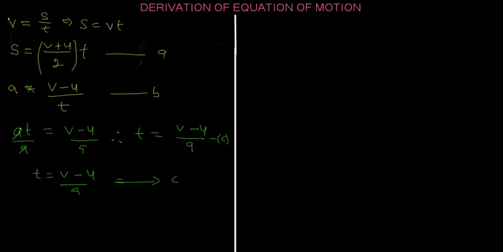Now let's substitute t, that is v minus u over a, in equation A. So what we have here is s is equal to v plus u over 2. Remember the bracket.